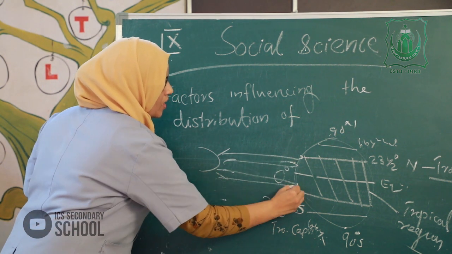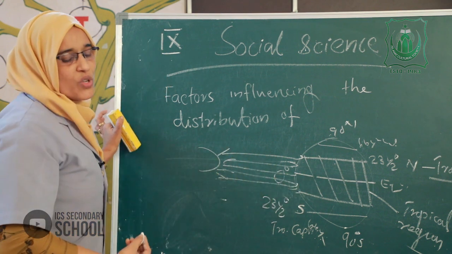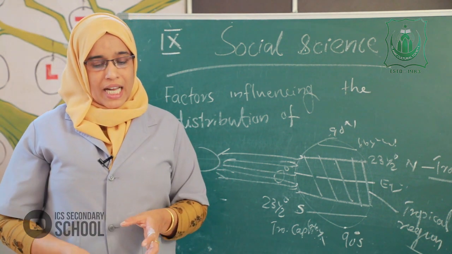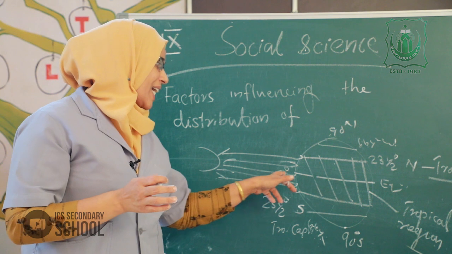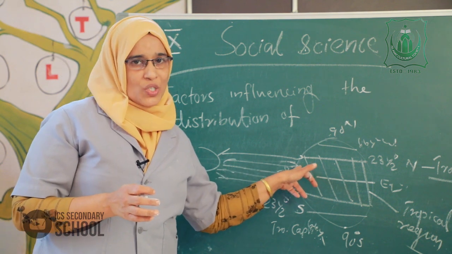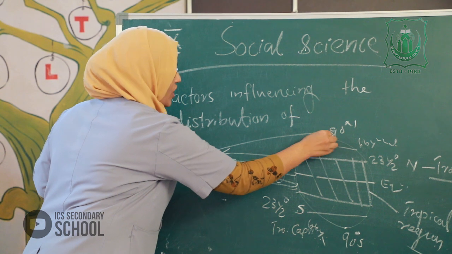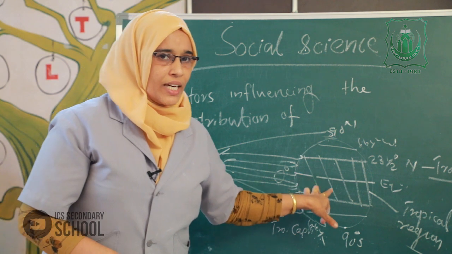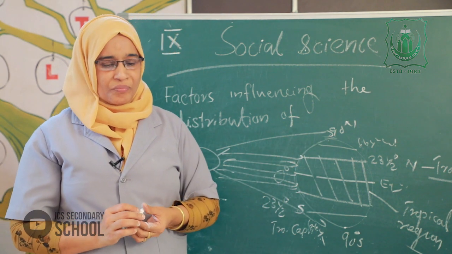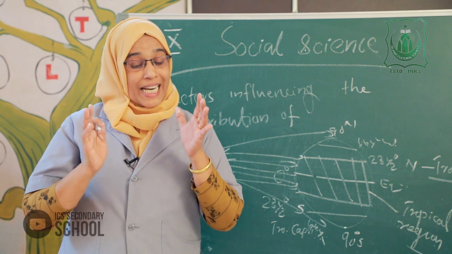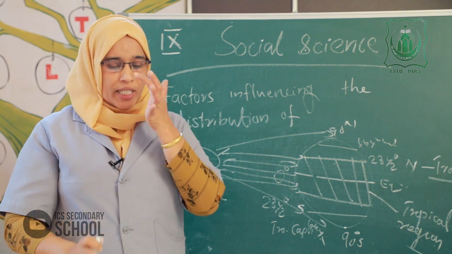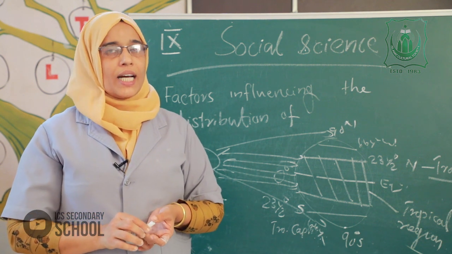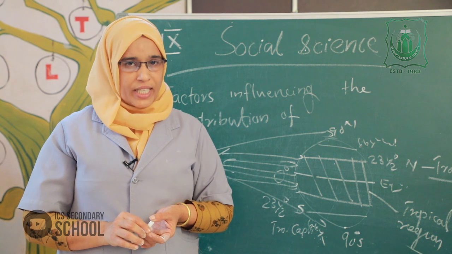This region receives more energy as the sun rays are almost vertical rays. This line is the inclination line, the vertical line. Then this area is the tropical region.